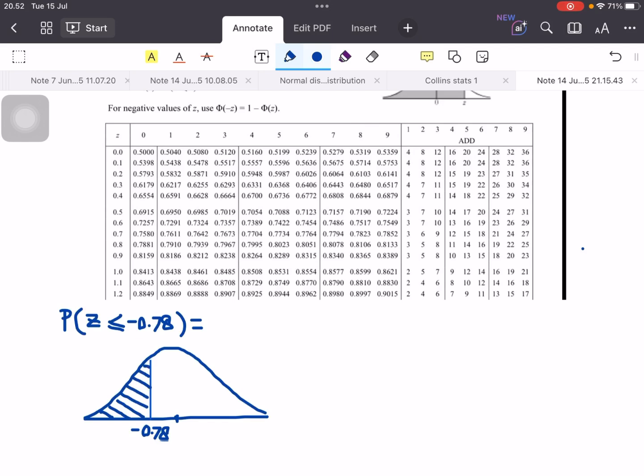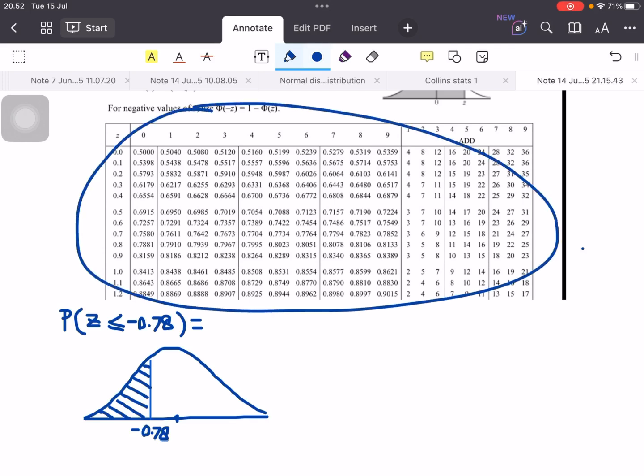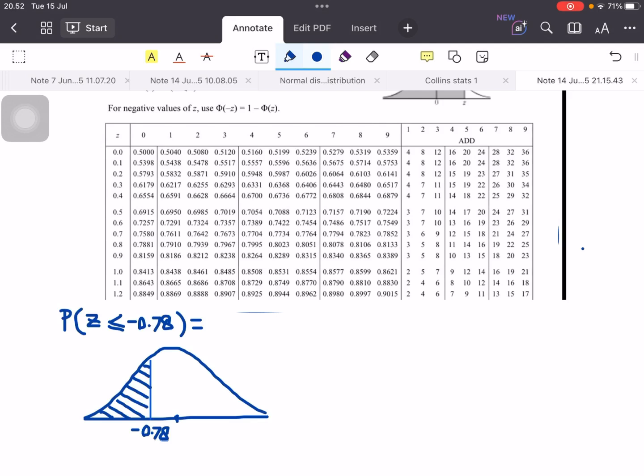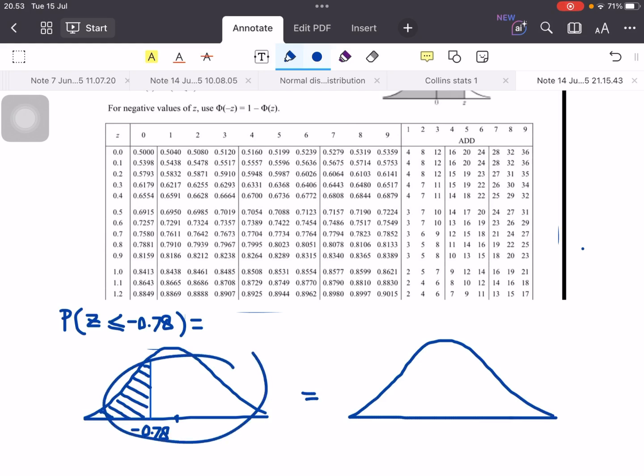As I told you before, this table provides only for positive values of z, but the question involves a negative value of z. So what we are going to do is use the symmetrical property of the normal distribution. We can flip this diagram.